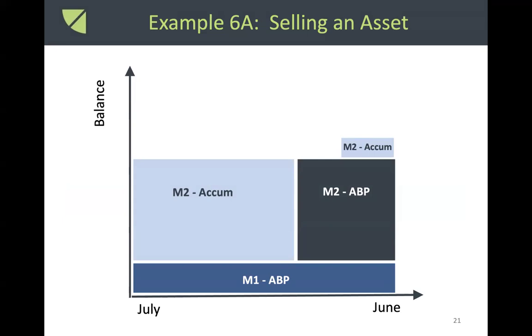So here we have two members. Member one has a smaller account-based pension account. Member two has a larger account, starts in accumulation, then it goes into full pension, and then some more accumulation is added on top. So another contribution comes in.